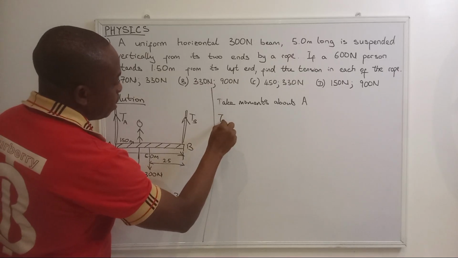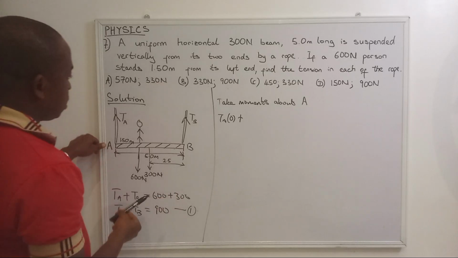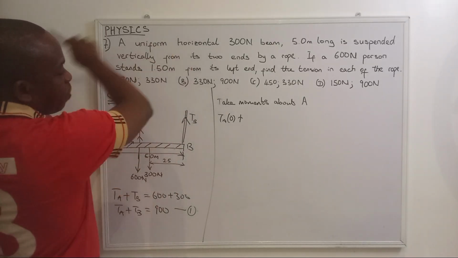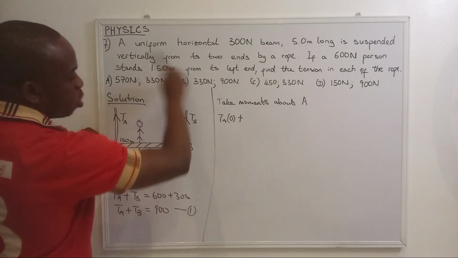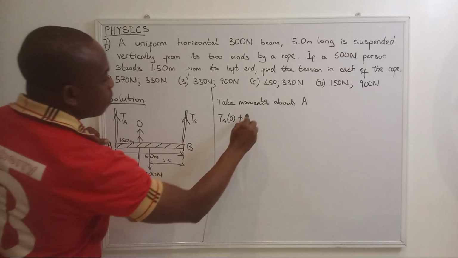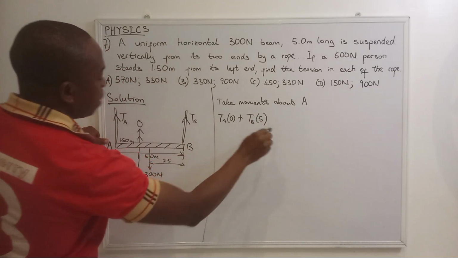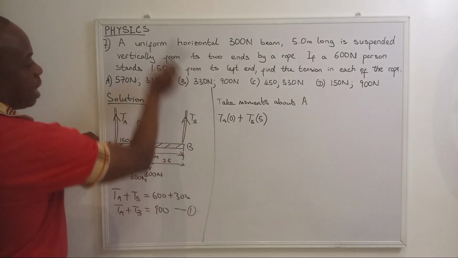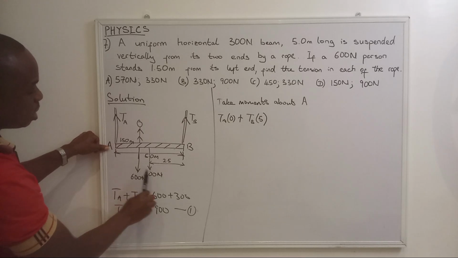So TA times 0 plus clockwise moment. TB is going to give us an anti-clockwise moment. So anti-clockwise moment will be equal to clockwise moments, and that will be TB times 5. Moments, force times distance, right? About a point. So these are the anti-clockwise moments. Then the clockwise moments are going to be from this 600 Newtons and this 300 Newtons.